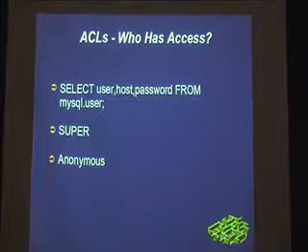So we're going to start with access control lists. Who has access? This is select user, host, password from mysql.user, which is how I usually look at who has what. You want to make sure that you see similar passwords, and host names that are allowed from like %, which is everywhere.